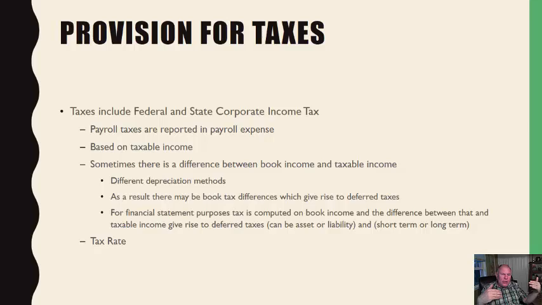Okay, so for financial statement purposes, tax is computed on the book income, and the difference between that and taxable income gives rise to deferred taxes. They can either be an asset or a liability, short-term or long-term, depending on what drove the difference. Depreciation is the biggest item there.